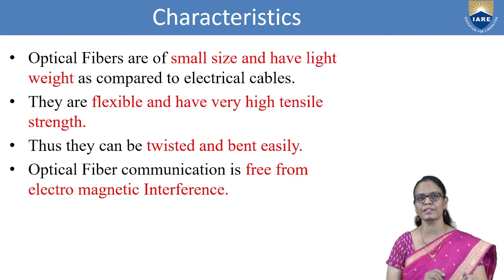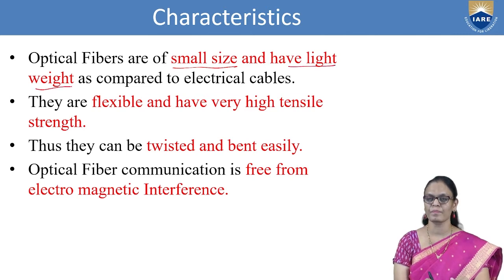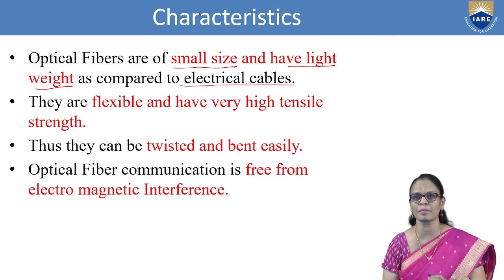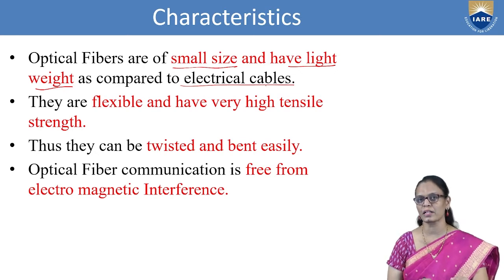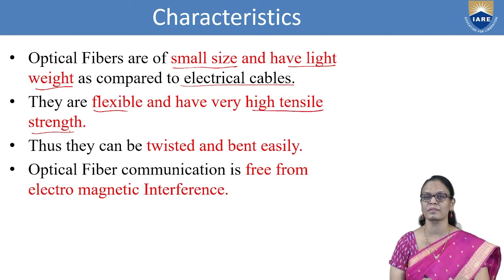Now coming to the characteristics of optical fiber, they are very small in size and are light in weight when compared to electrical cables. Electrical cables, here we are talking about the metal wires. And also they are flexible and have very high tensile strength.